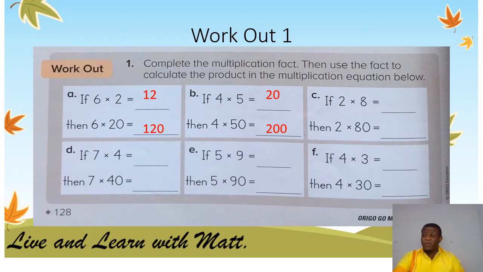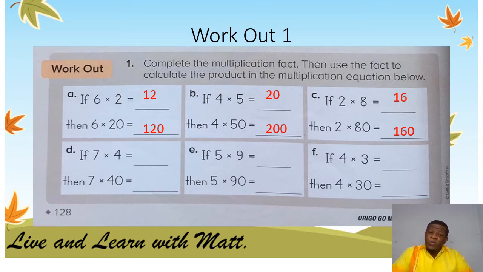Now part C. Everybody, what is 2 times 8? That's correct, 16. So if 2 times 8 is 16, then 2 times 80 will be 160. Part D. What is 7 times 4?